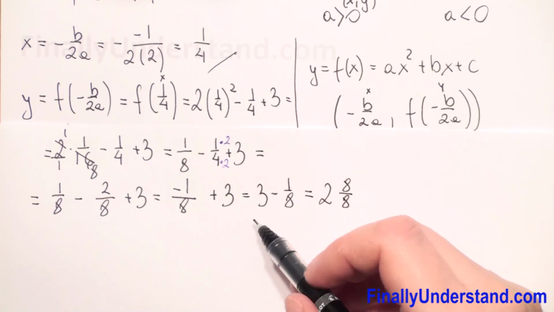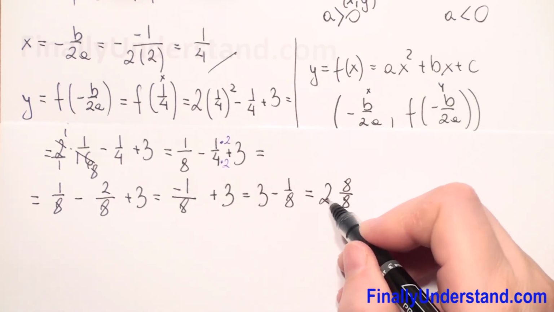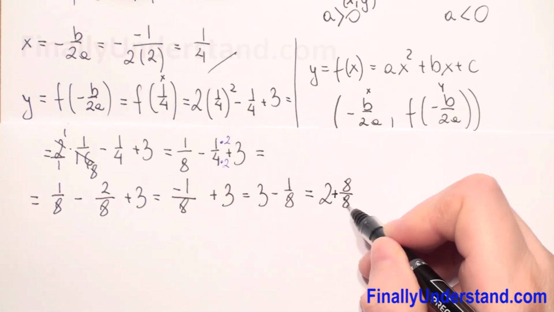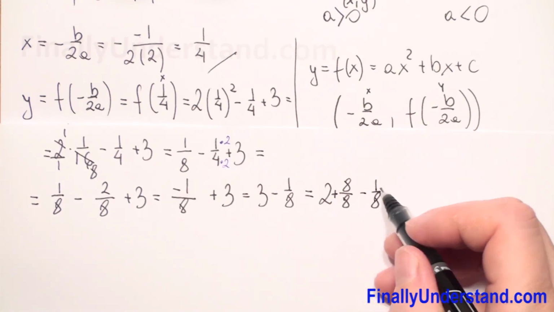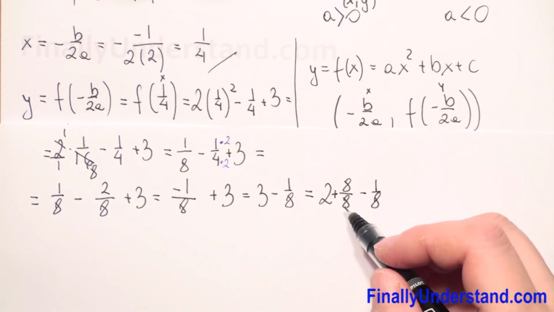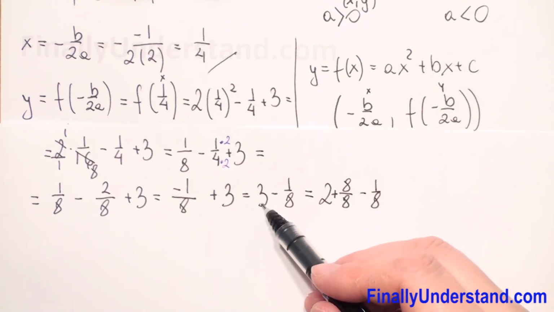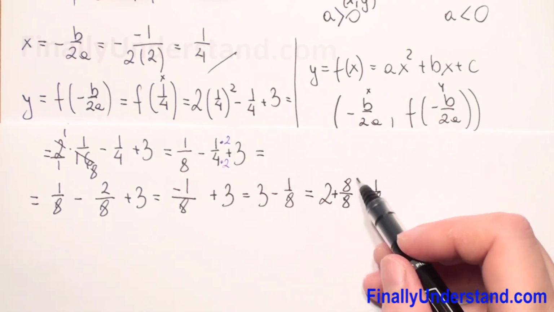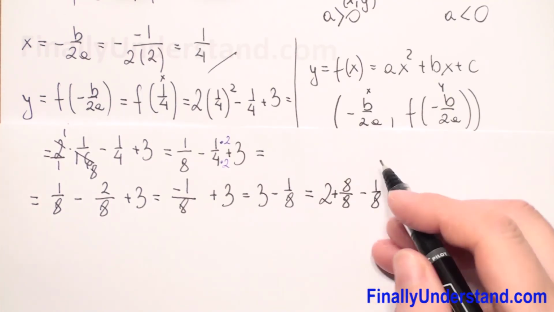So I can rewrite that 3 is 2 plus 1, and 1 is 8 over 8. Now we have minus 1 over 8. I didn't change anything. I still have the same because 8 over 8 is 1. 2 plus 1 is still the same, 3. Why did I do this? Because now it will be very easy to do subtraction.